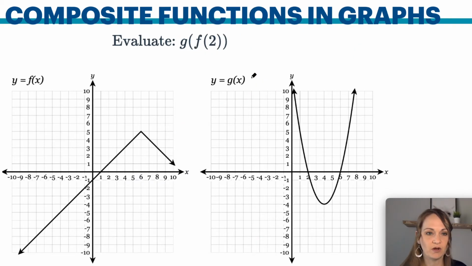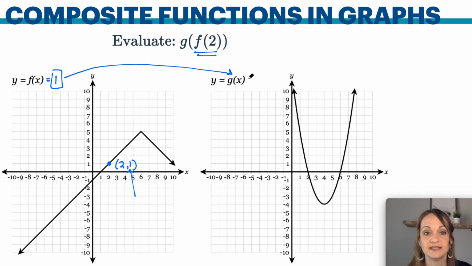So let's do one more. g of f of 2. Again, we're going to plug the 2 into f first. So we find 2 and figure out where that is on the graph. This is the coordinate point (2, 1). So if I plug in 2, I get an answer of 1. This answer is what gets plugged into g.